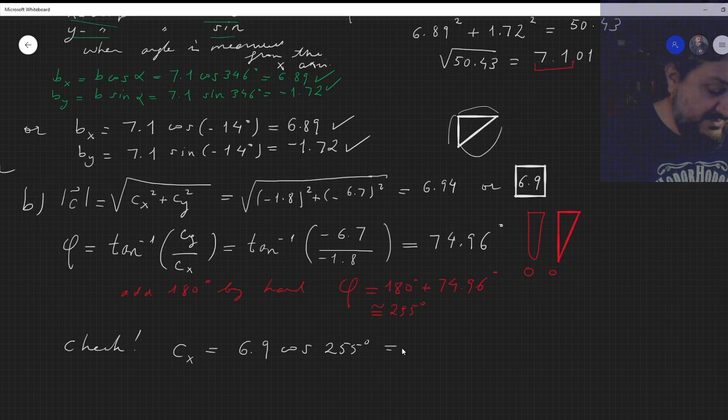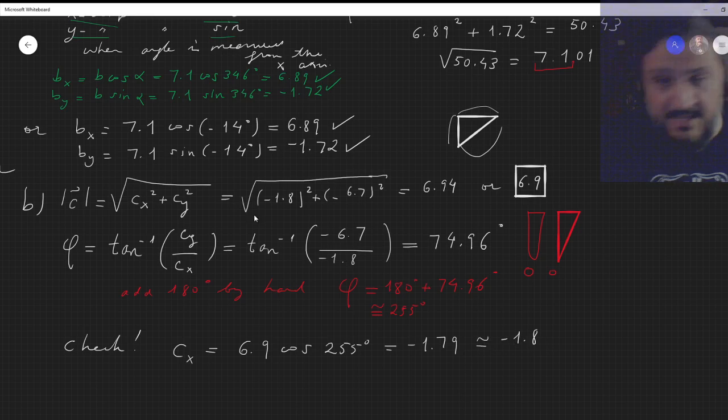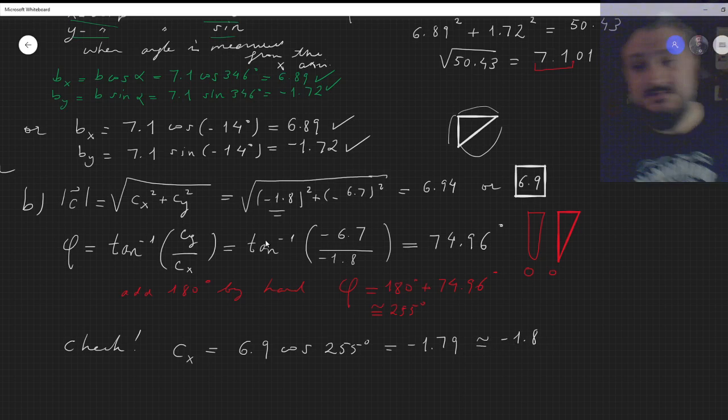So 6.9 cosine 255 gives you negative 1.78579, which is negative 1.8. Indeed, that's the case. All right, so it checks.